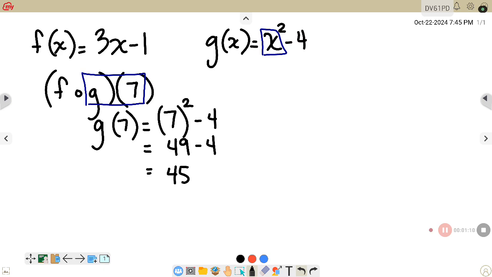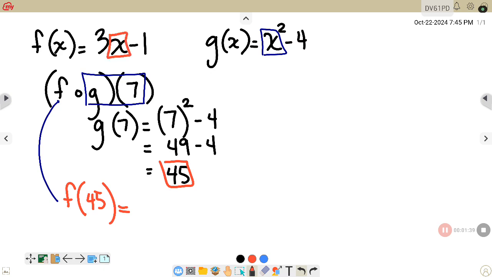So after I do that first part, this f comes down, and I am going to find f of whatever my last answer was, which was this 45. So now that means to go to the f function and replace its x with the 45.